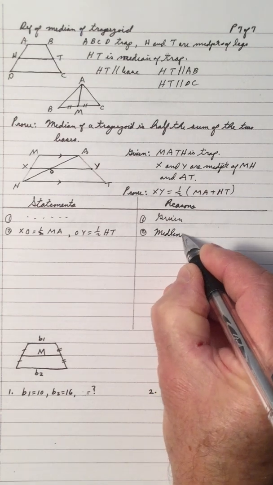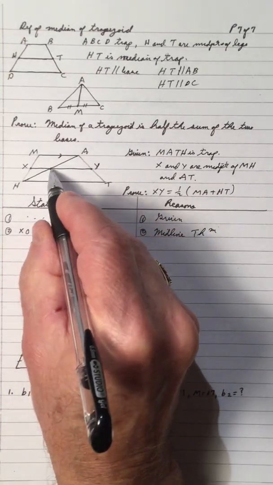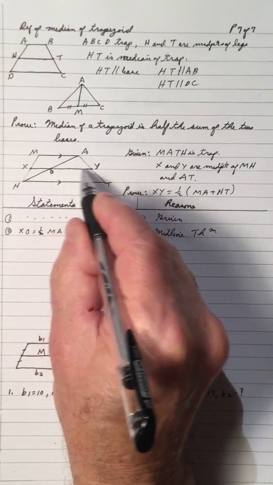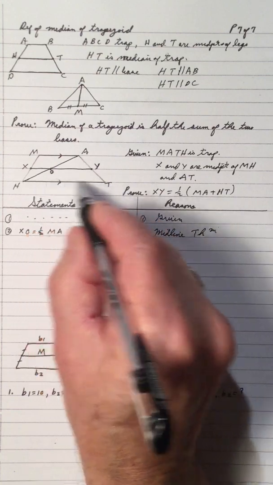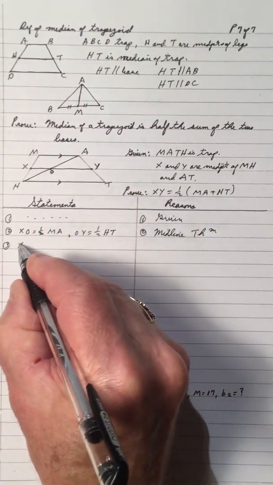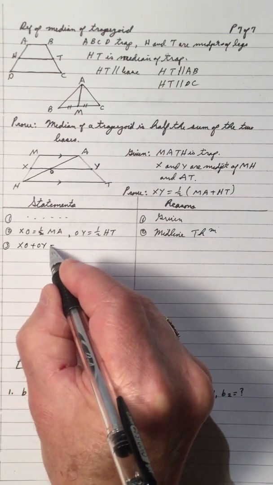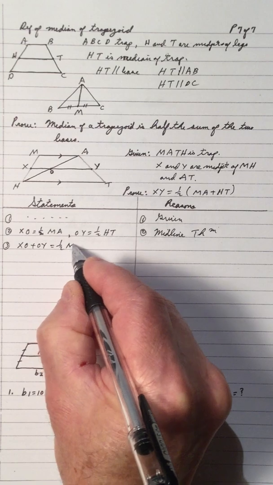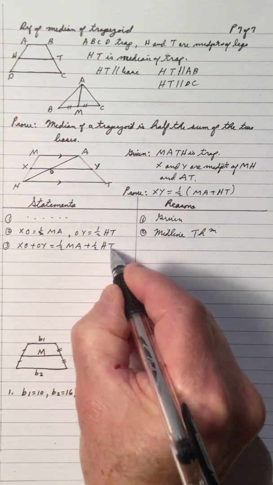It's called the midline theorem. The segment joining the two midpoints of the sides of a triangle is half this side and parallel to it. So as a result, we can go XO add on OY is equal to half of MA plus a half of HT.